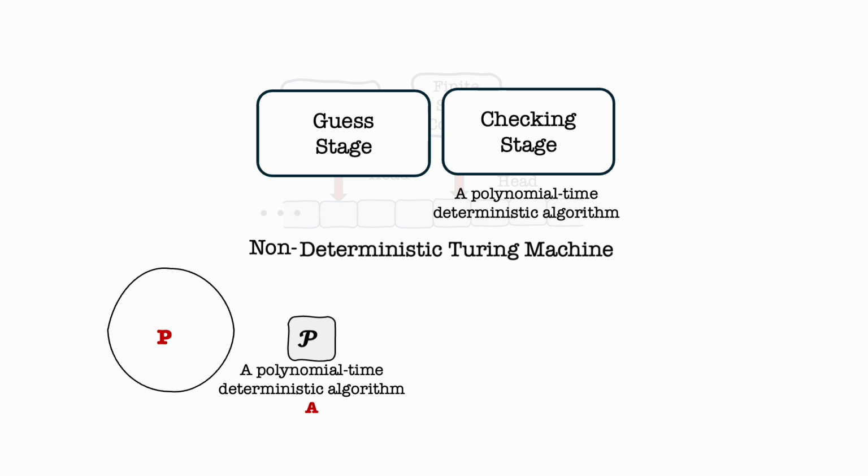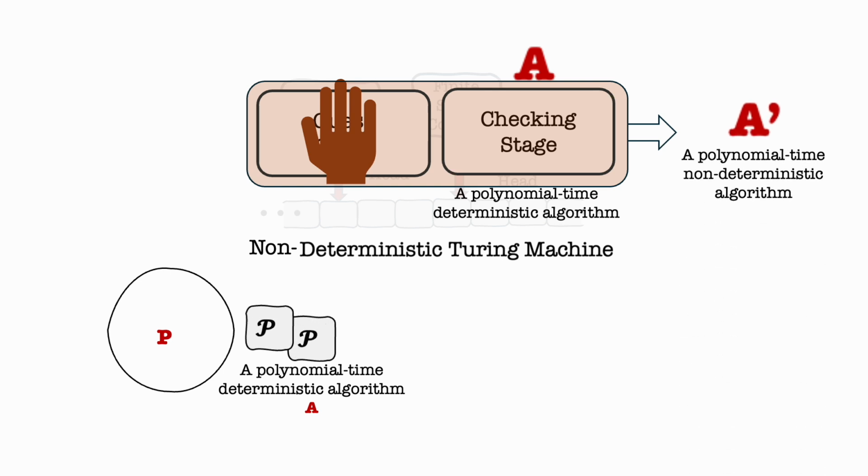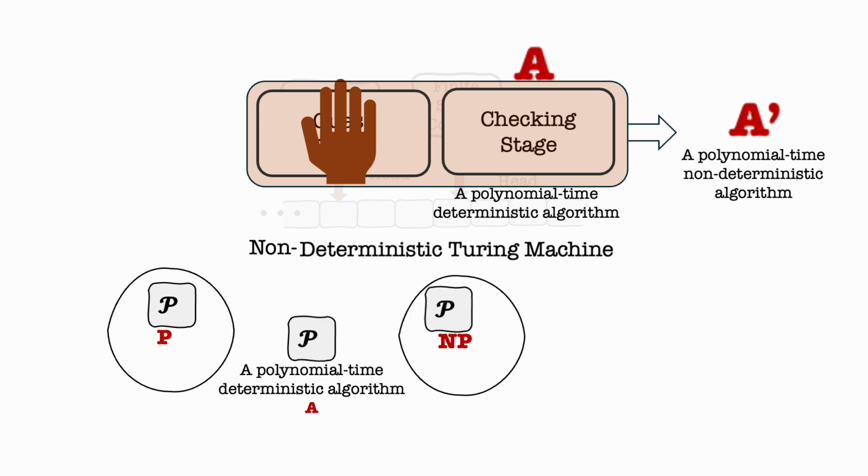In a non-deterministic Turing machine, we can simply skip the guessing stage and implement algorithm A directly in the checking stage. This results in a non-deterministic polynomial time algorithm for the same problem. So, every problem that can be solved in class P can also be solved in class NP by just ignoring the guessing part. That's why we say class P is a subset of class NP.